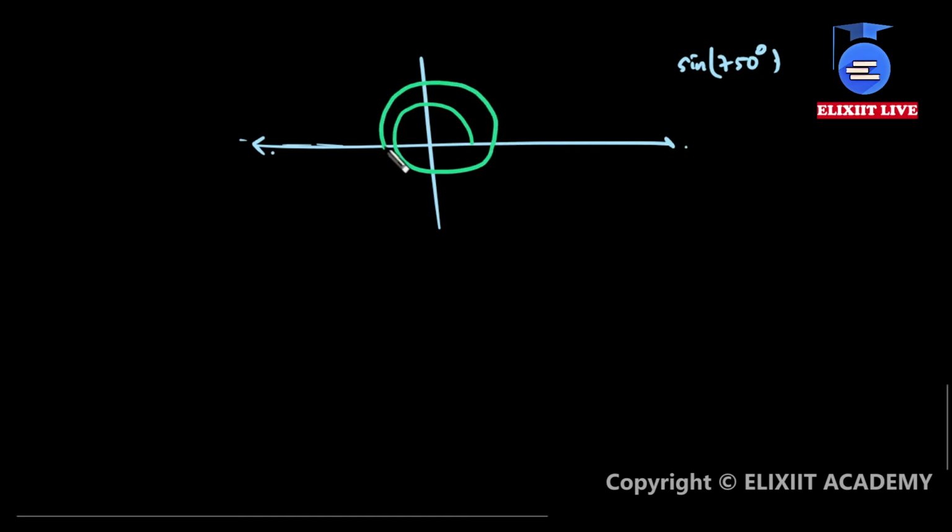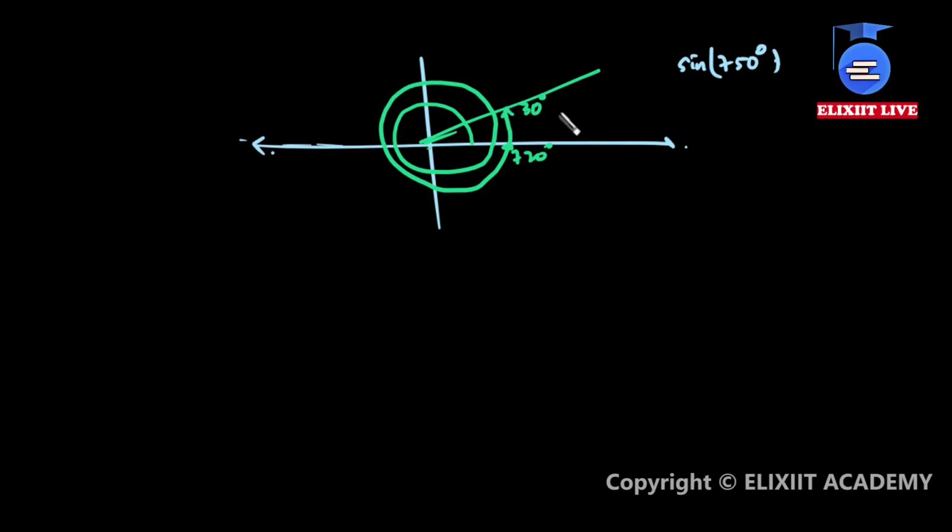Then once again we will turn from 360 to 720, right? 360 plus 360, which is 720, and post 720 you are going 30 degrees extra. So that's why this is a first quadrant angle, 750 degrees actually. So gradually this will be positive over here.